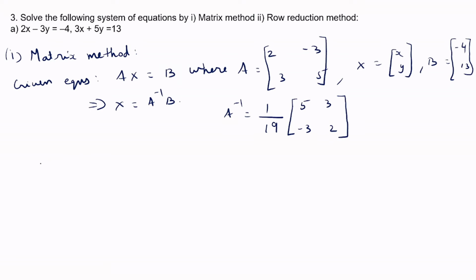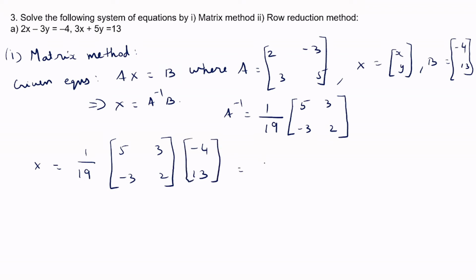So we can find X as A inverse into B. So it is 1 by 19 into 5, 3, minus 3, 2 into B, minus 4, 13.